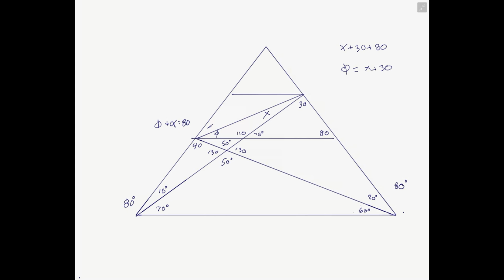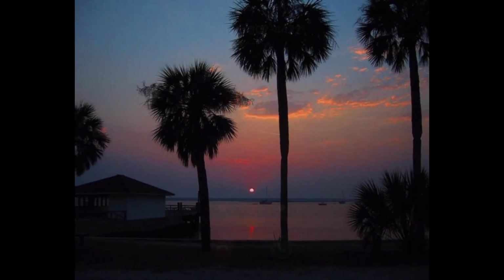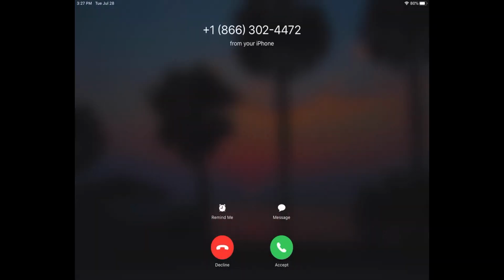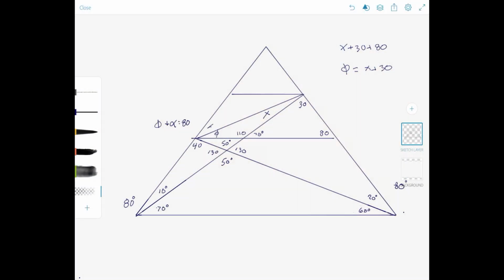We know this is 80, and so somehow they get x plus 30 plus 80. They use phi, I think, is equal to x plus 30, but to me, that's not a given.